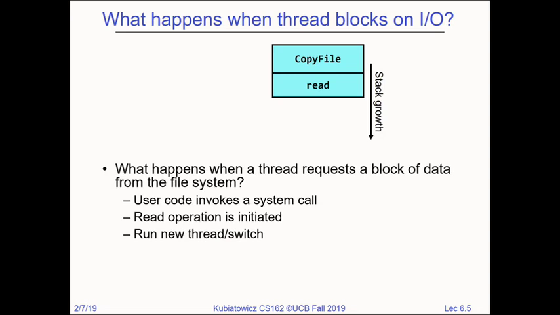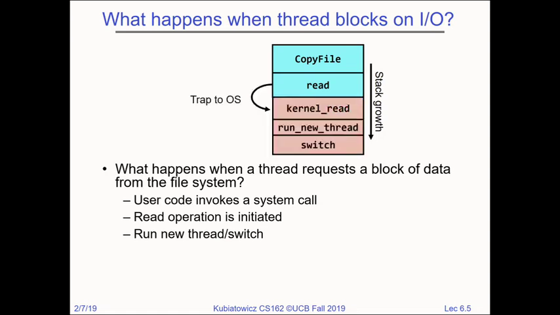Why waste time while the thread is waiting for its disk operation? The read, of course, is a system call. Notice that's read and not fread. We get to the kernel half of read, which really means after we save all our registers and change the kernel state and so on, which starts the read going on the disk, and then it calls run new thread because we're blocking on I/O, which calls switch, which switches to another thread.